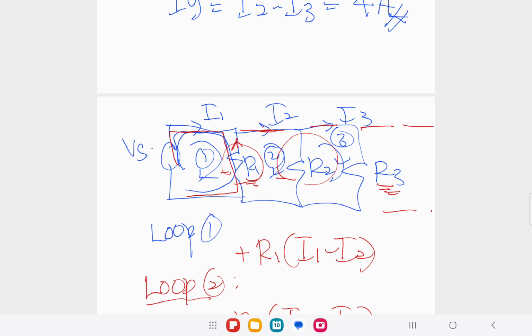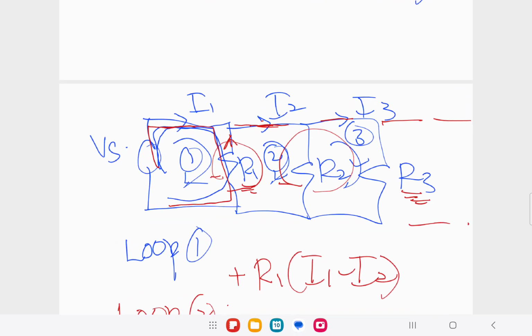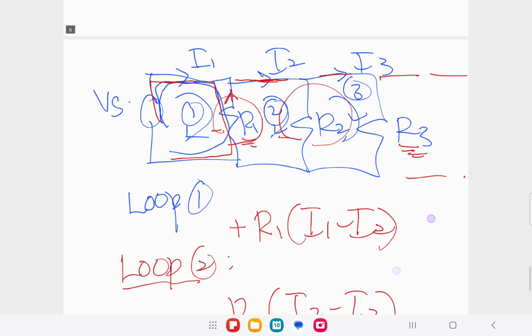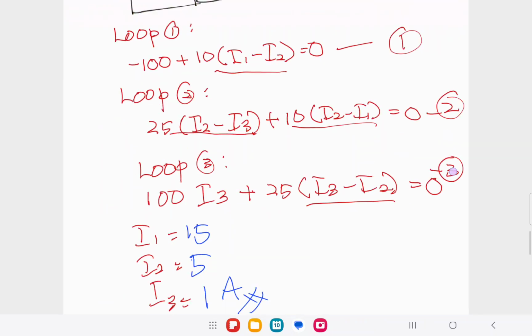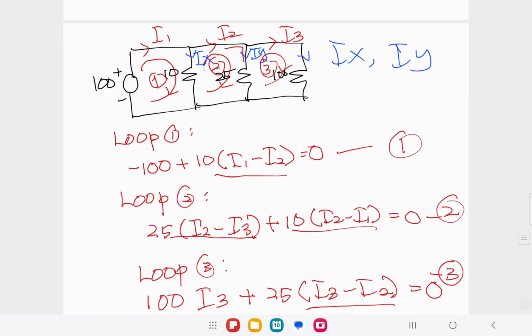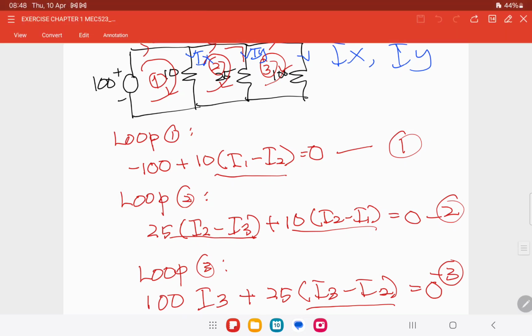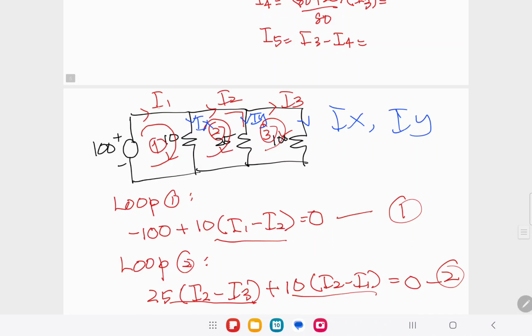Katakanlah if you do the KVL, you terus guna IX dengan IY, boleh juga. Tapi bila nak dapatkan I1 dengan I2, you kena kira balik. Nak guna method voltage divider atau current divider pun boleh.